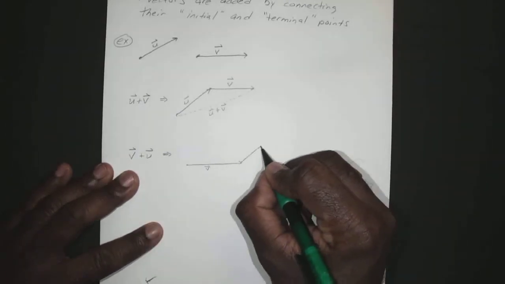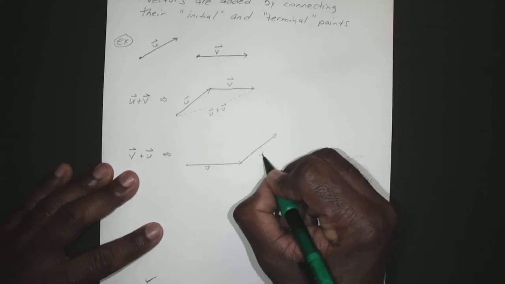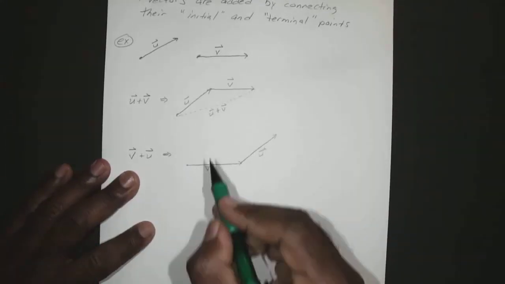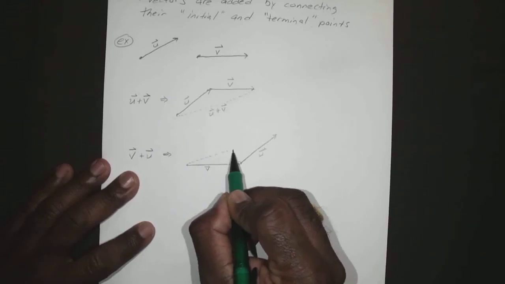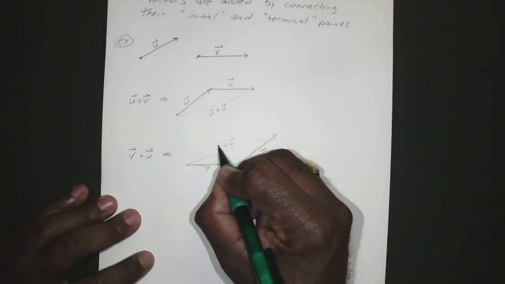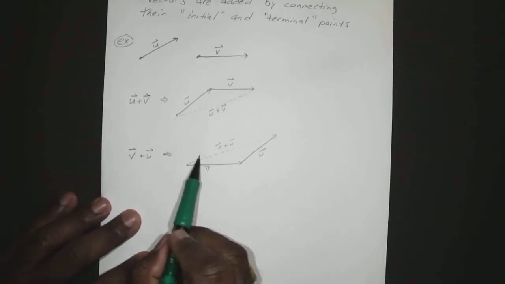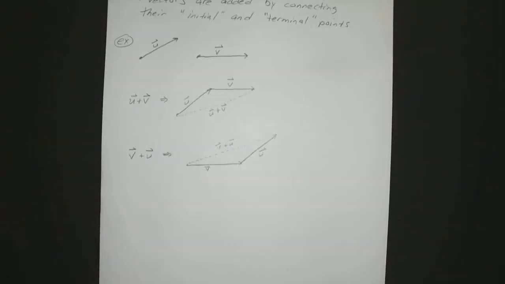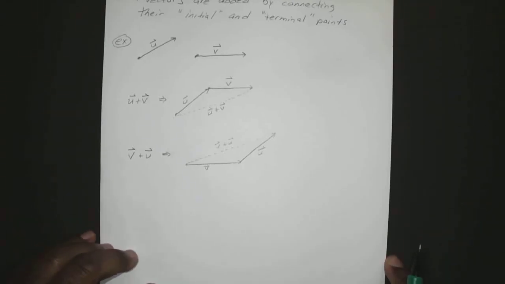That's vector u. So this is v plus u, which is really the exact same as u plus v. All right, so any questions on that one? All right.